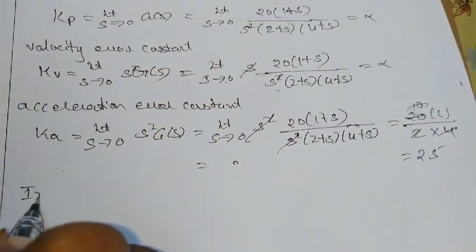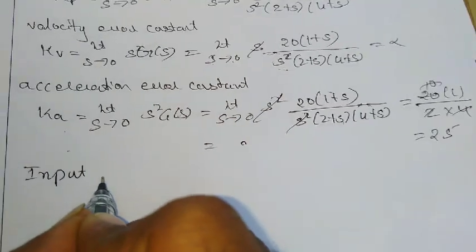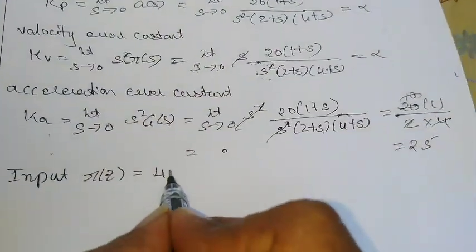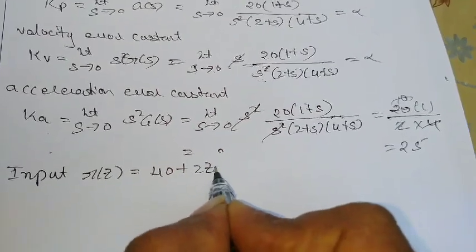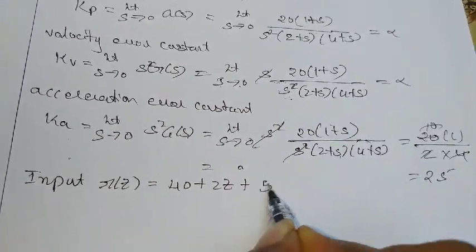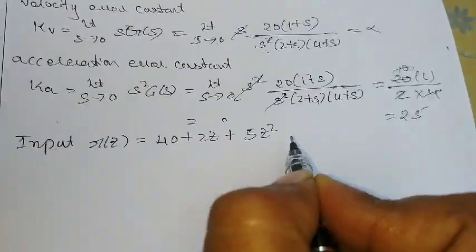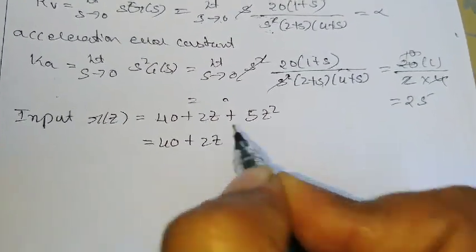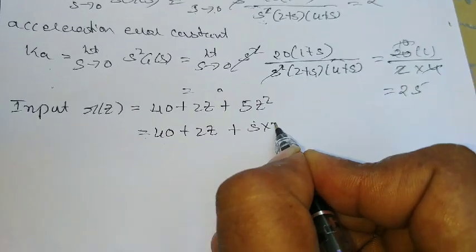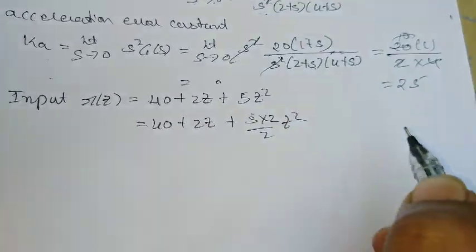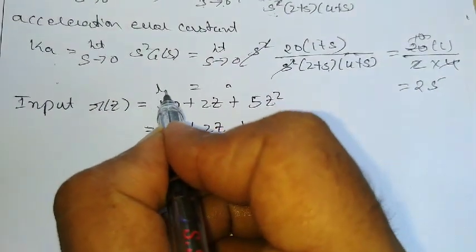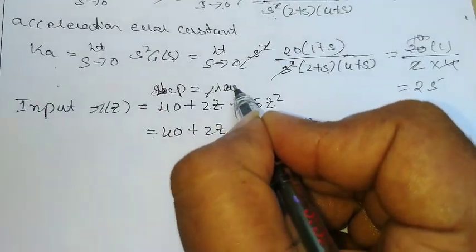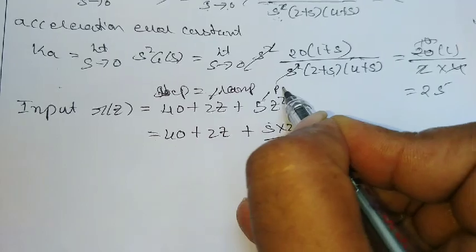So the input r of t is given by 40 plus 2t plus 5t square. To convert into standard form, we'll get 40 plus 2t plus 5 into 2 by 2 into t square, because this is step, this is ramp, and this is parabolic.